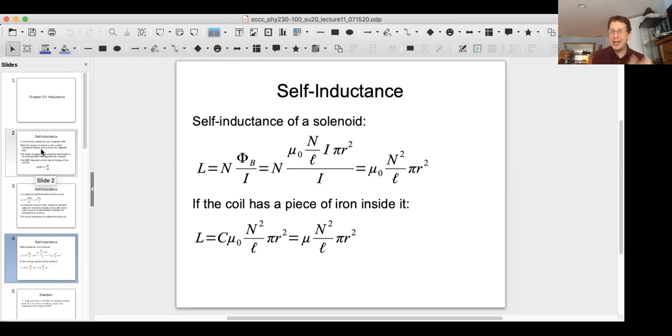So the inductance of a coil of wire with a piece of iron inside it is equal to a proportionality constant times mu naught times N squared over L times pi r squared. And so that proportionality constant times mu naught is often referred to as mu, or the permeability of iron. And that can be on the order of 2,000. That can be a very large multiplying factor. So that's something to keep in mind.